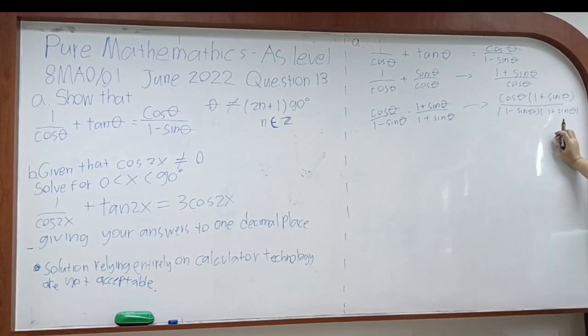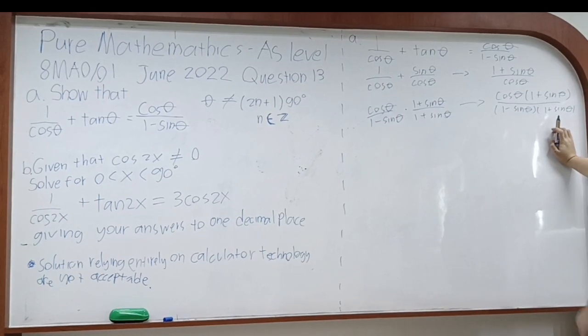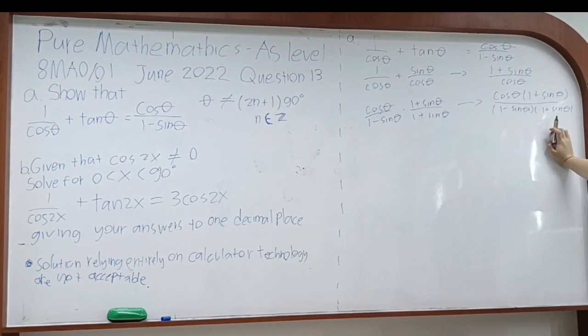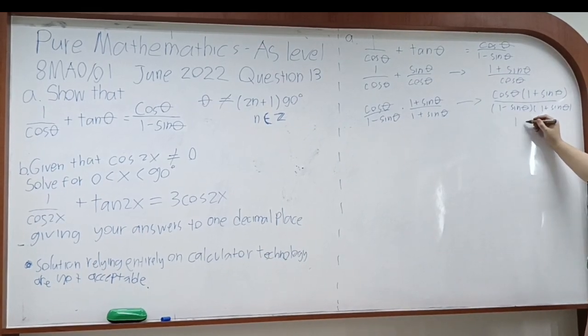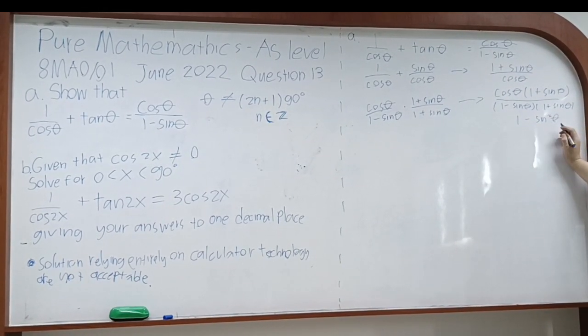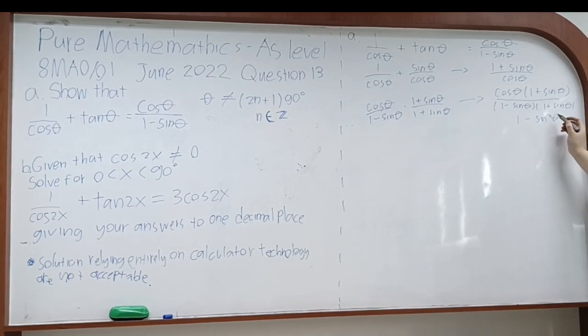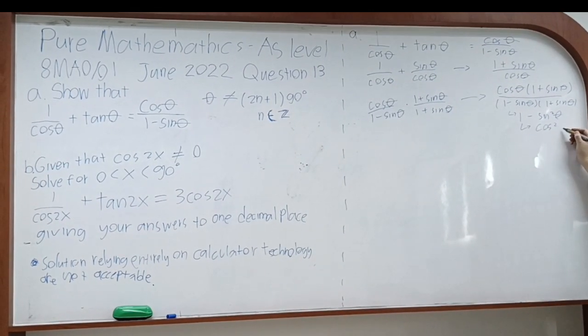Now using the identity 1 minus sin squared theta equals cos squared theta, we can multiply this out, which will give us 1 minus sin squared theta, so that we're going to be left with cos squared theta.